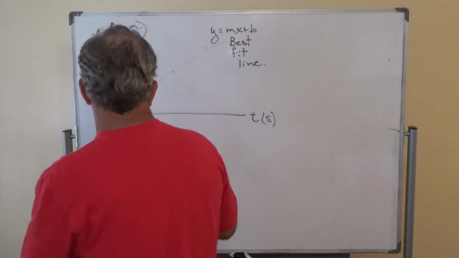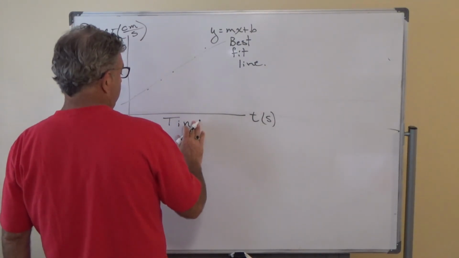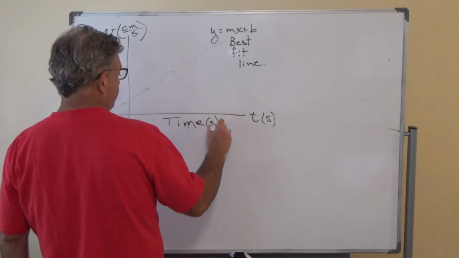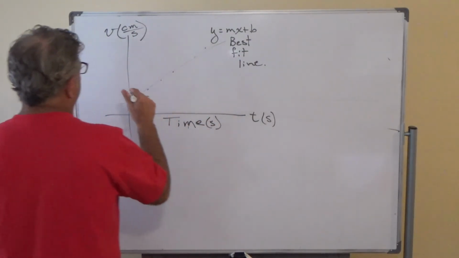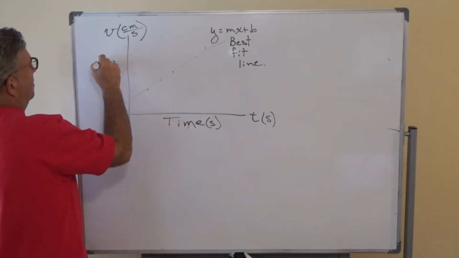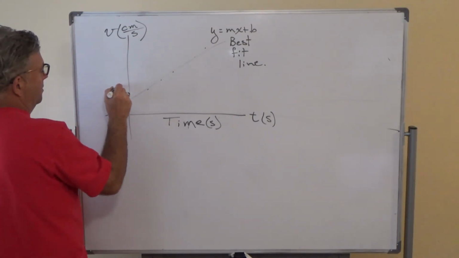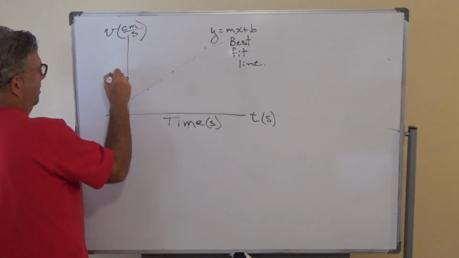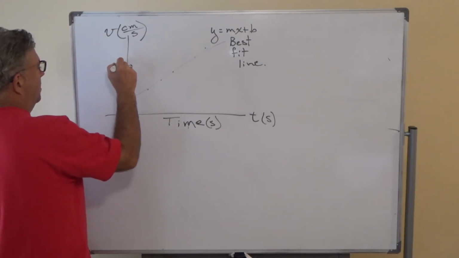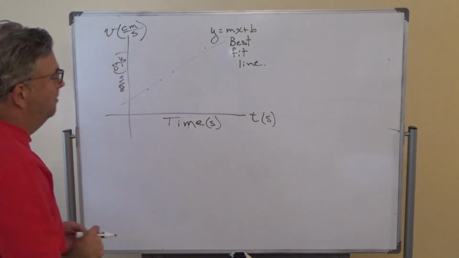Make sure that you label the axes. Now, I put a little label over here, but time in seconds, and velocity in centimeters per second.